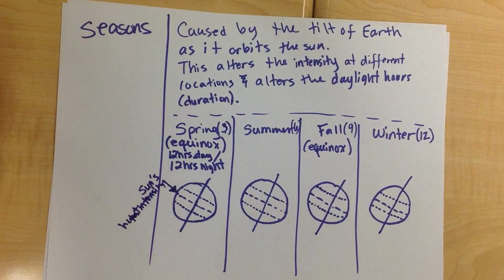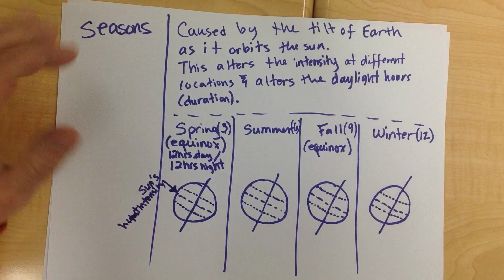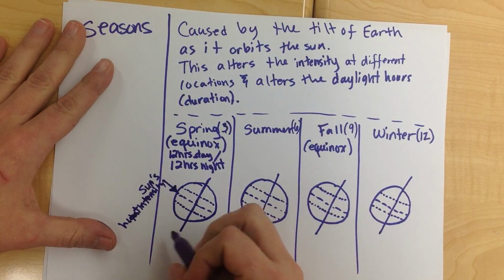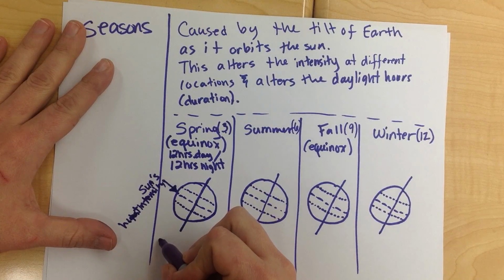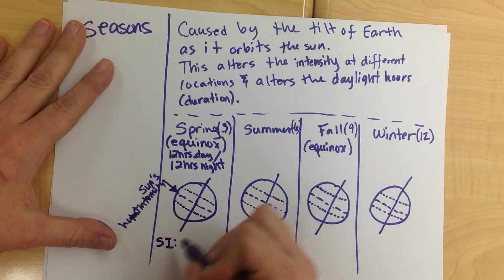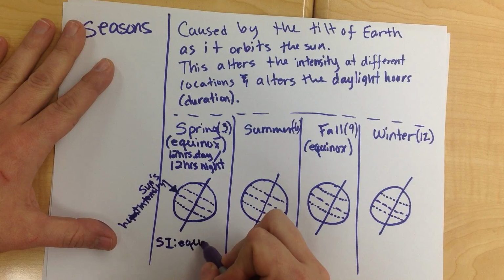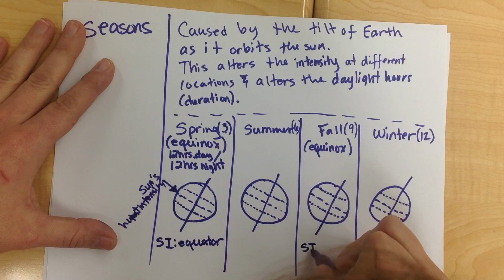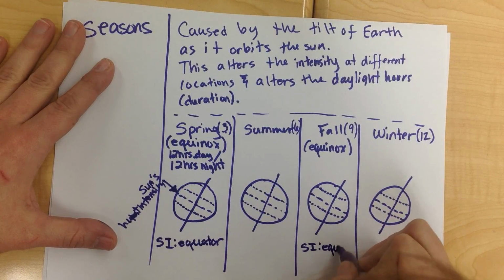Ruined. None of you can probably read that. It says highest intensity. All right, it's going to be located on the equator. So let's just make a note at the bottom that the sun's intensity, I'll say SI, is on the equator here. And that is true for spring and fall. So I'm actually going to denote that here.